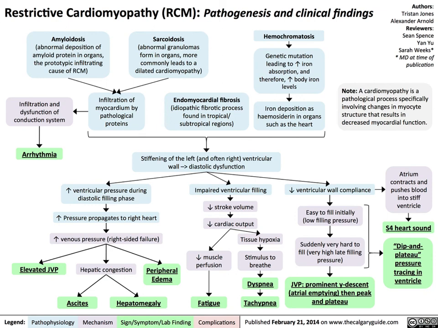The most common out of all the diseases is cardiac amyloidosis, which is an infiltrative systemic disease that can sometimes affect the heart, leading to increased myocardial stiffness and a restrictive filling.